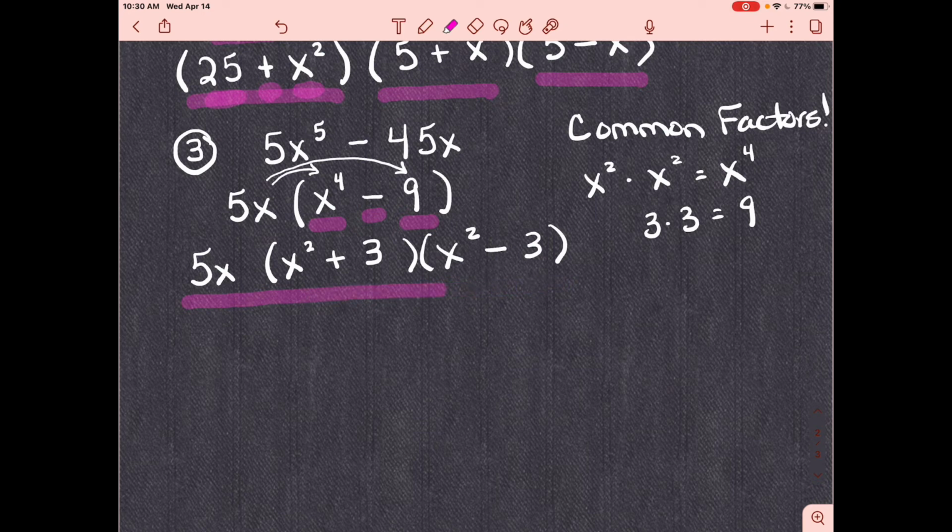X plus 3/4 times x minus 3/4. I thought about the square root of 9, and I thought about the square root of 16. The top and the bottom can be thought about separately. All right, so now I know that I have x plus 3/4 equals 0, and x minus 3/4 equals 0.